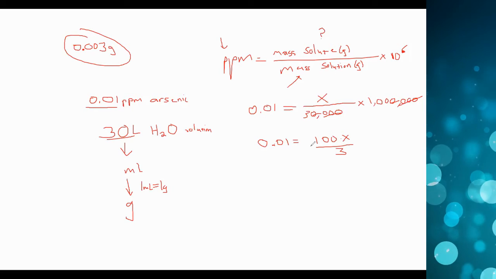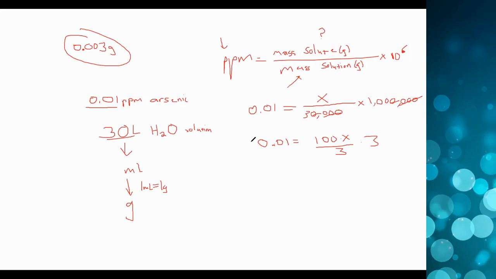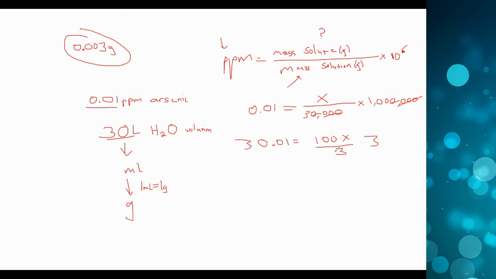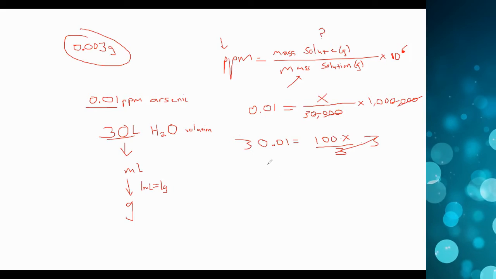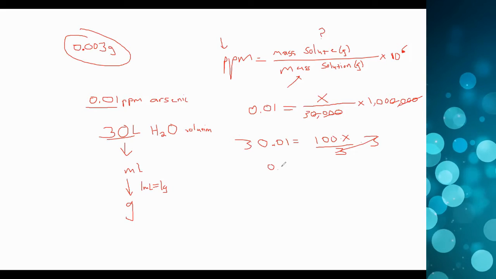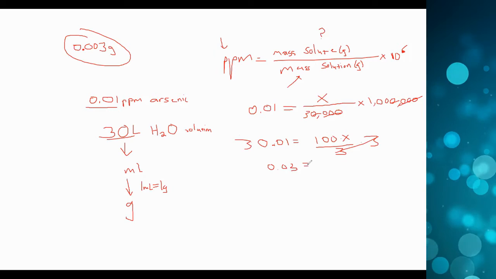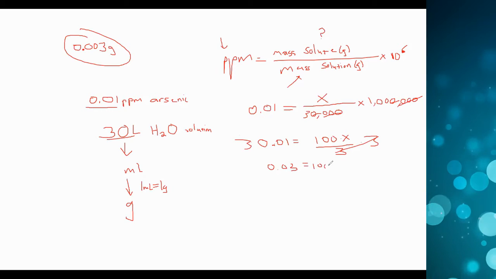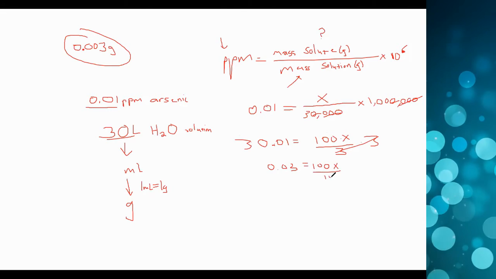Now I just have to solve for x. So multiply both sides by 3. This becomes 0.03 equals 100x. Divide both sides by 100.